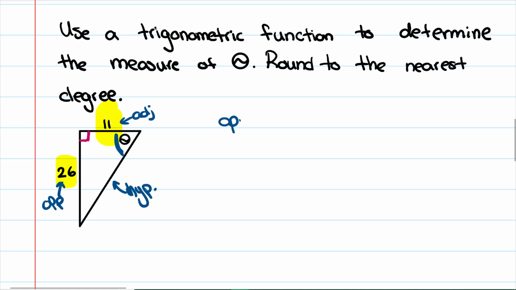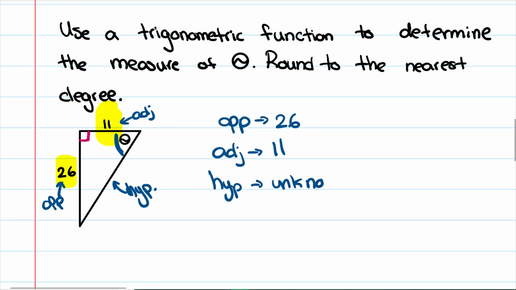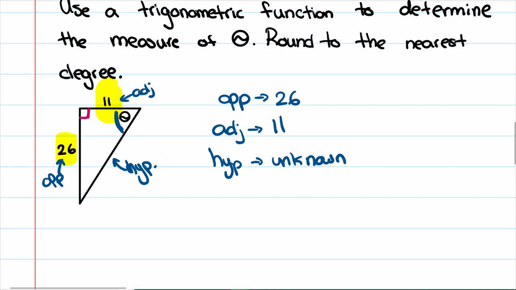So I'm going to write down what I know. I know my opposite is 26. I know my adjacent is 11. And my hypotenuse is unknown. Now again, we could go ahead and find it, but we don't really need to. So I'm going to write down SOHCAHTOA, and the reason I'm doing this is so I know which trig function to use.